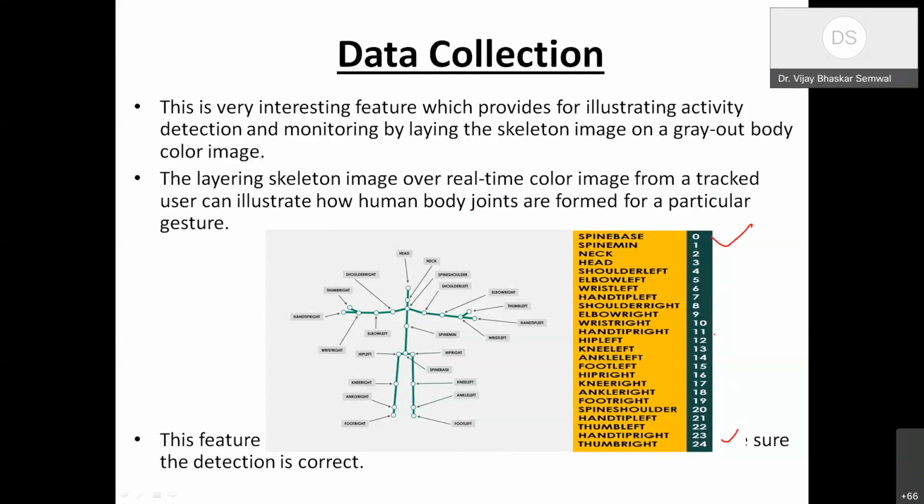Based on your utility you can use some, like I have utilized 12 to 19: hip left, knee left, ankle left, foot left, hip right, knee right, ankle right, and foot right. This I have captured. This is a very interesting feature which provides illustrative activity detection and monitoring by overlaying the skeleton image on the screen. We have already seen these dots, this image was coming. We are interested only in these 8 joints.